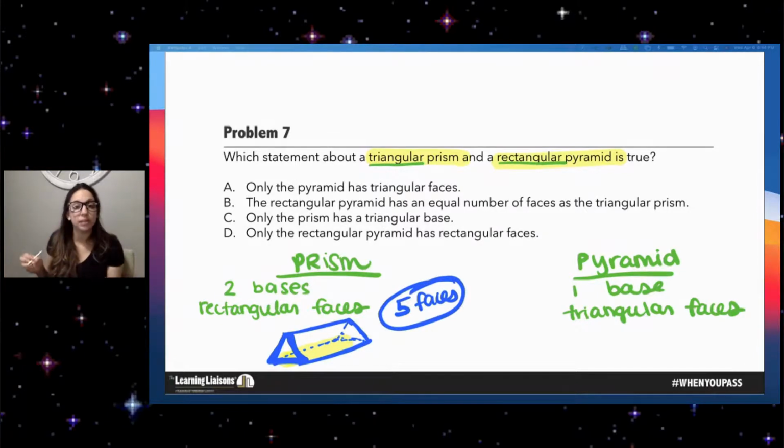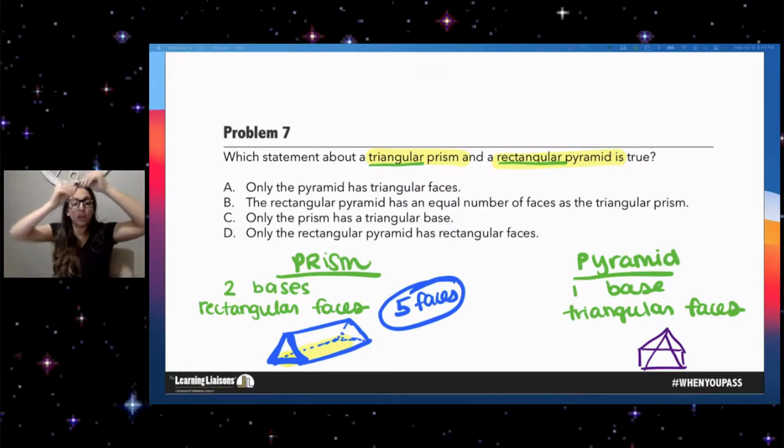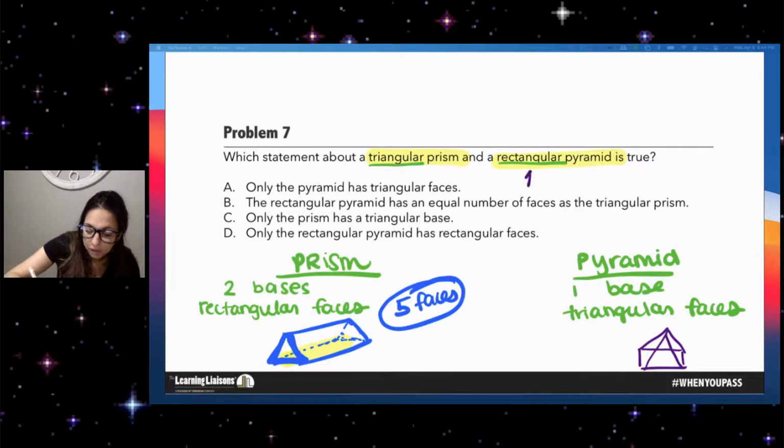Now let's look at our pyramid. Our pyramid is a rectangular pyramid. So I'm going to have a rectangle on the bottom, and then I'm going to have triangles extending up from that rectangle to create a point at the top. I have a rectangular base, and how many triangles do I have?